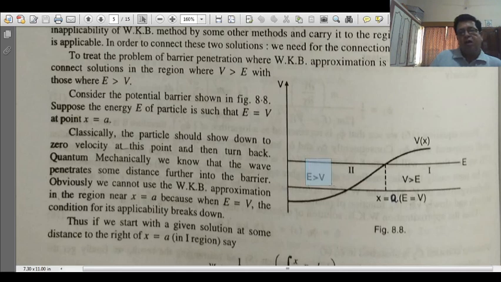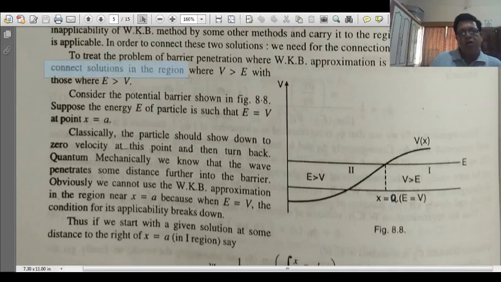One region is E greater than V, the second region, to the left of x equal to a, and V greater than E, the first region, to the right side. And what is our aim?